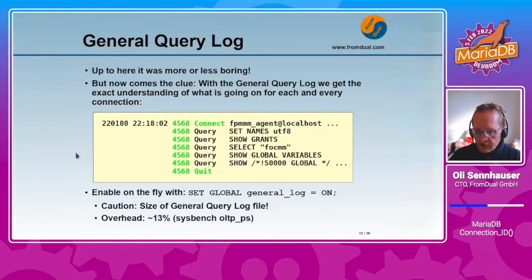So if we enable the general query log, we see at what time, here again the connection ID, it connected, and then in this connection ID, what this connection has done in its whole lifespan up to the quit, to the end of the connection.